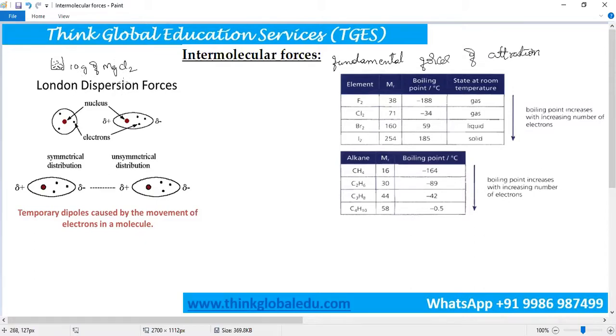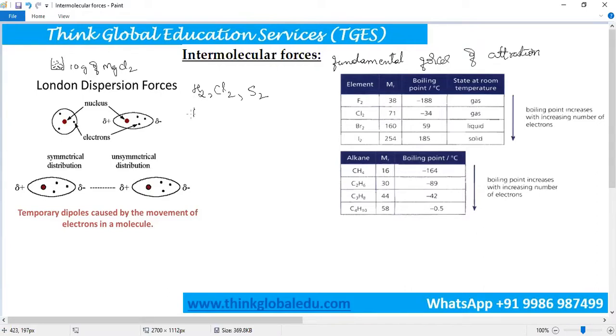Then it is understood that it is mainly because of the weakest intermolecular forces that exist between non-polar molecules such as hydrogen, chlorine, and sulfur, because of which the molecules are together.